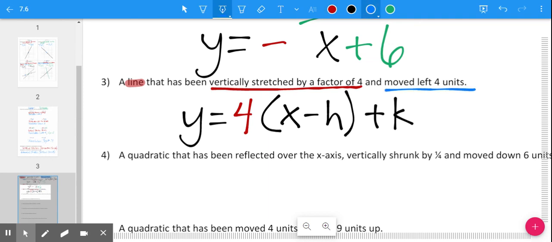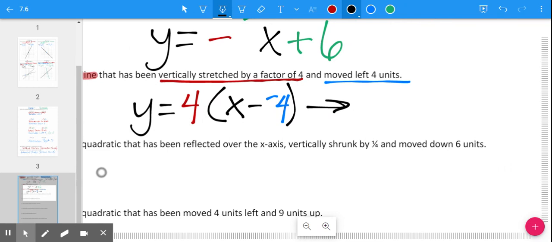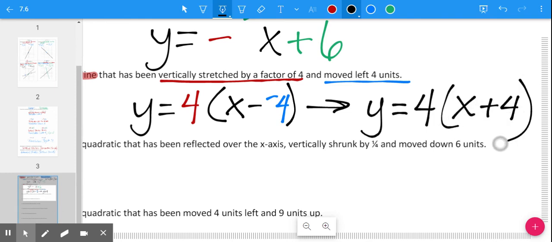So remember, left is negative, so we erase h and put negative 4. Now it wasn't moved up or down, so we're just going to erase that plus k. And we can write this in a prettier method. So this is the same as y equals 4, and then x minus negative 4 is the same as x plus 4.